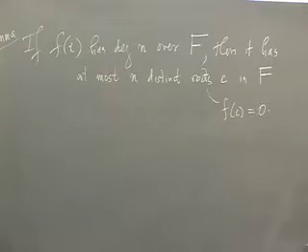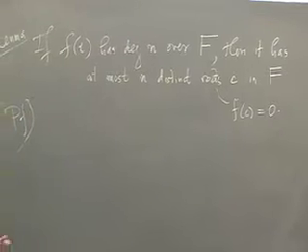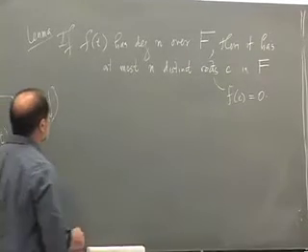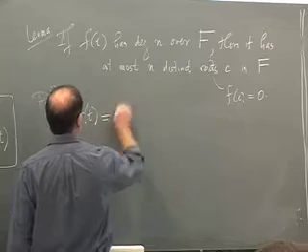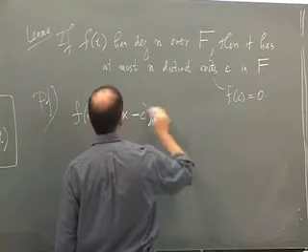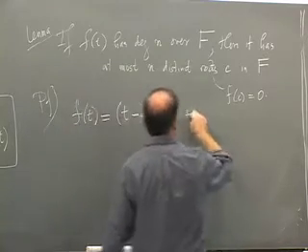But the proof of this, which is fundamental, and you've seen it for the reals, is that there's a Euclidean algorithm for polynomials. So you can always write a polynomial f of t as t minus c times another polynomial g of t, plus a constant.